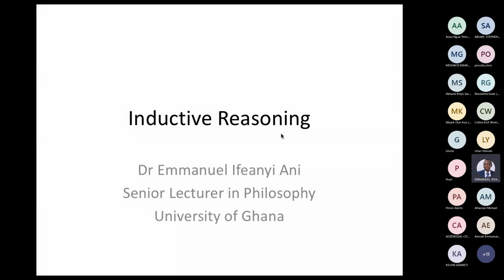All right, so the last time we were discussing deductive reasoning, and we saw all the mechanisms of deductive reasoning. And so today we have to look at inductive reasoning.